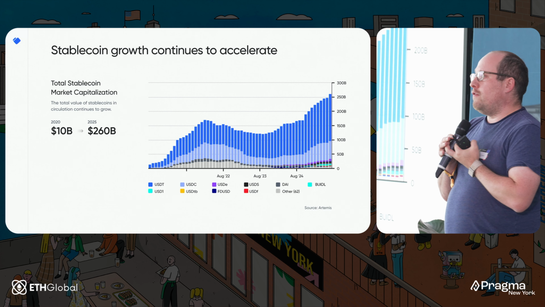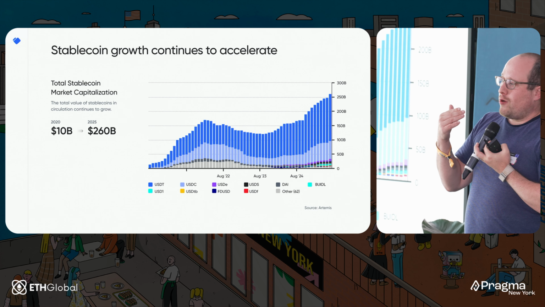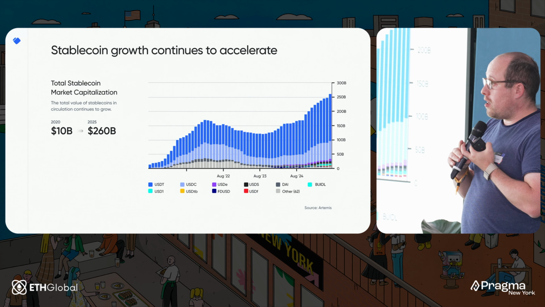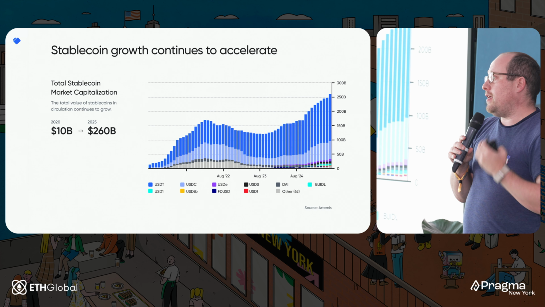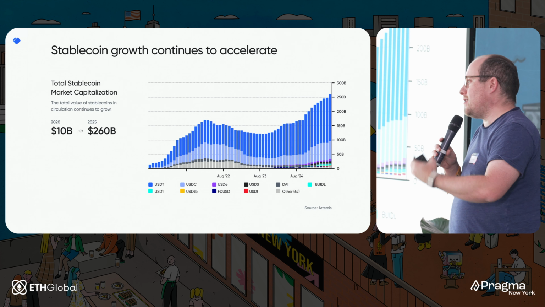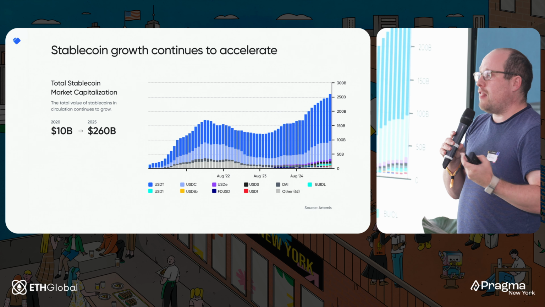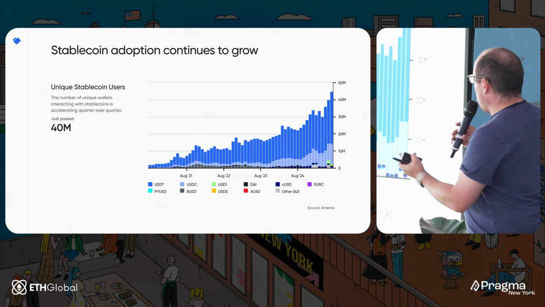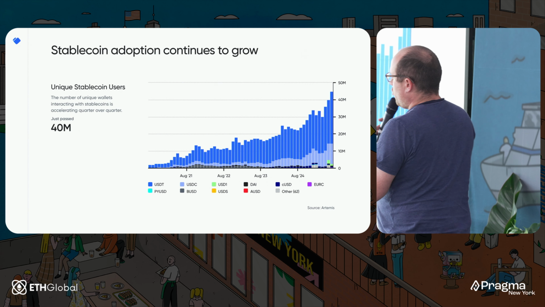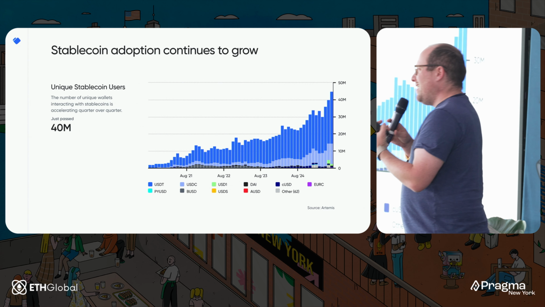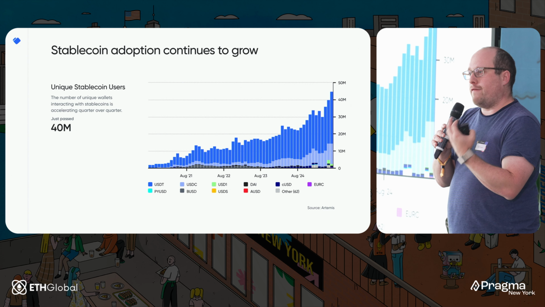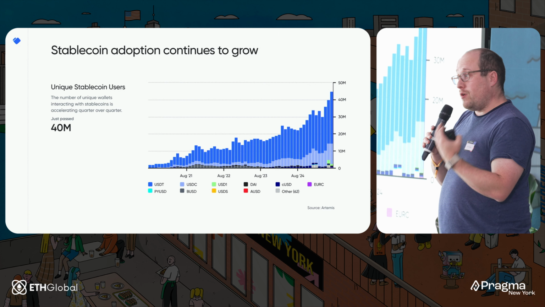We're seeing the number of stablecoin-specific chains being launched, whether it's Stable.xyz or Codex or Plasma or Circle's new chain Arc, all accelerating this trend more and more. There are a lot more unique stablecoin users, and in a lot of ways, it's a real product market fit moment for crypto, which is really exciting.